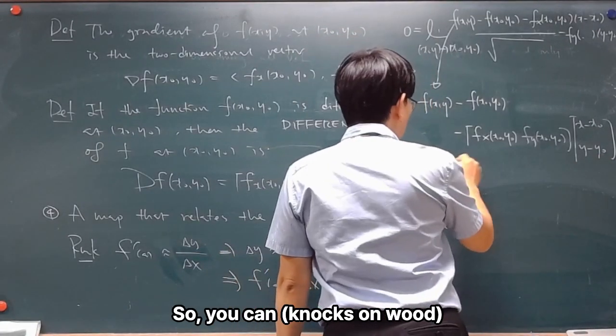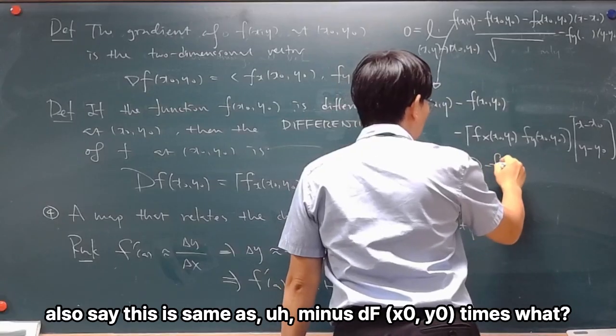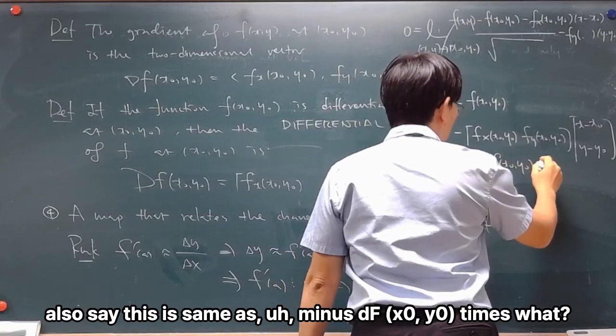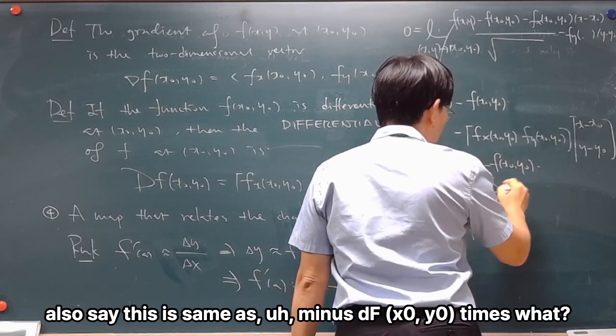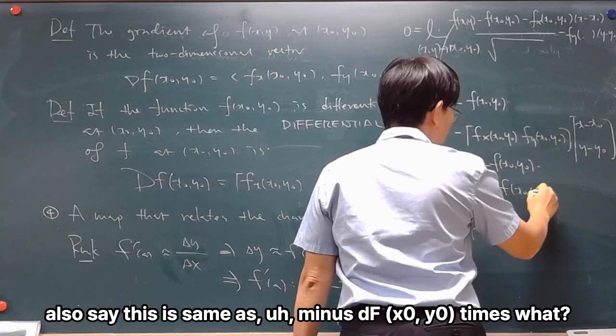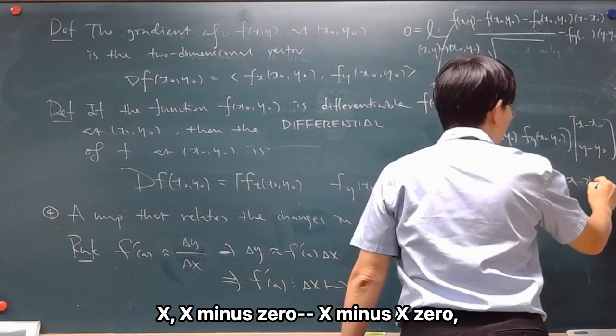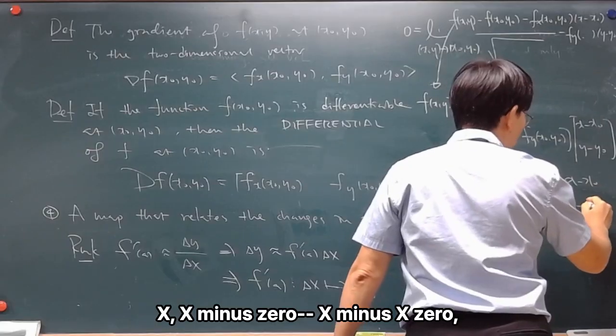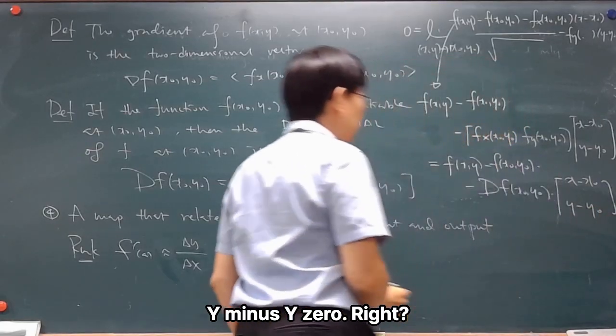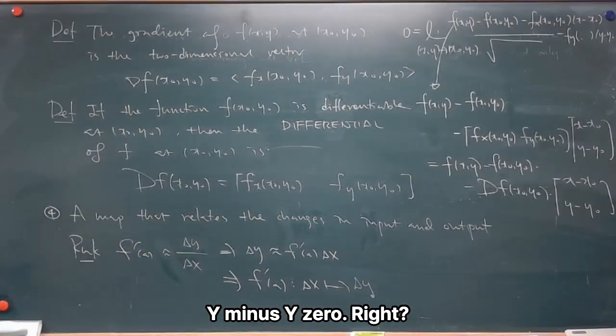So you can also say this is the same as minus df(x0, y0) times x minus x0, y minus y0, right?